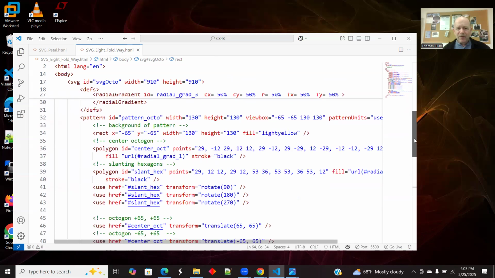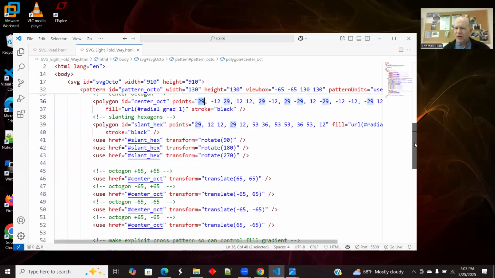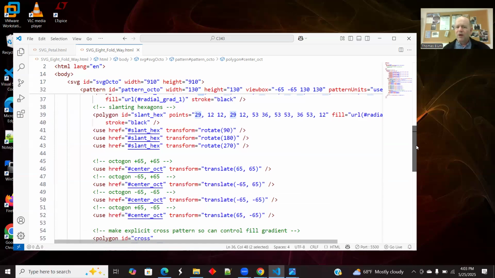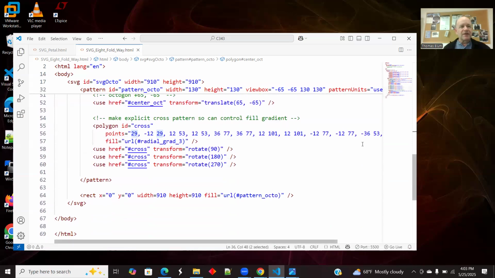I simplified, did some approximation that I think is within 1/10%, and called this 29, and made a bunch of polygons, octagon and hexagon and the cross patterns, and then played with the transform property to sometimes translate them, sometimes rotate them.